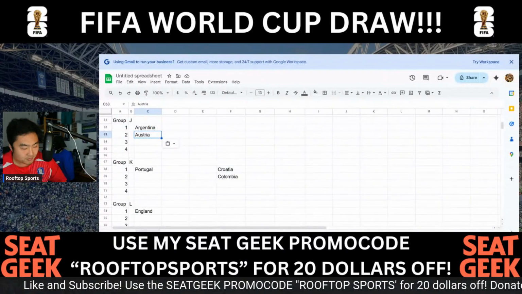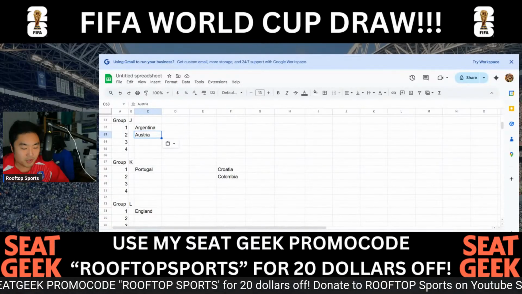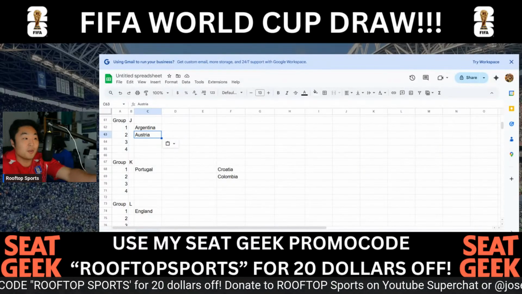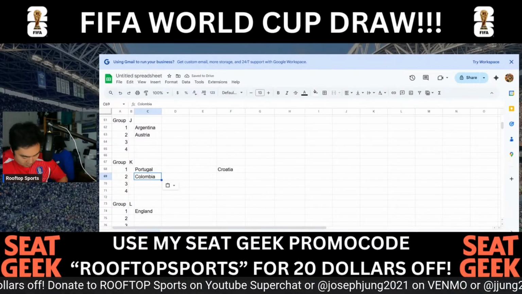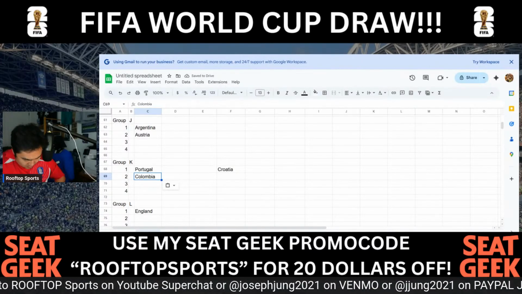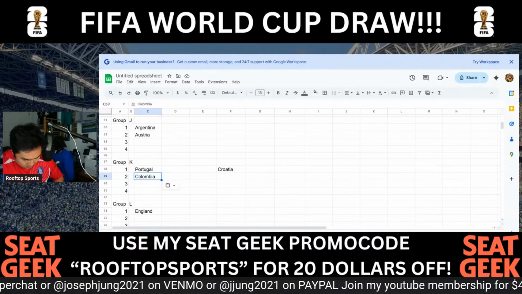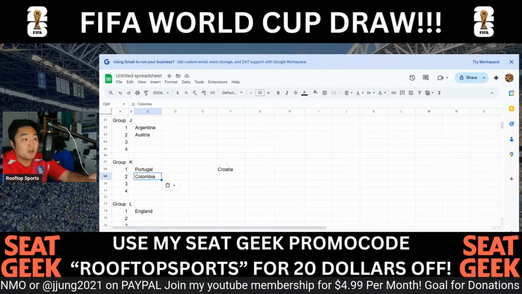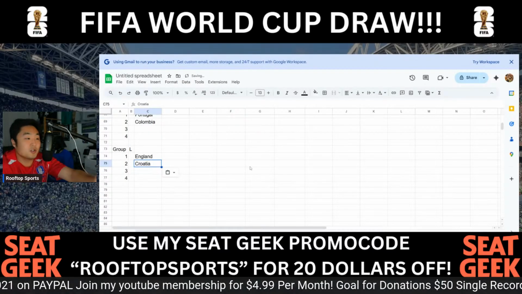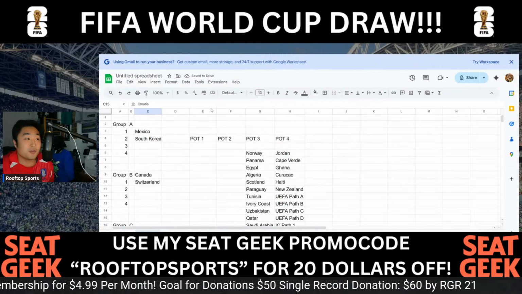And then who's going to be with Portugal? Colombia. And then that means Croatia is going to go to Group L. And then we're going to go to pot 3.